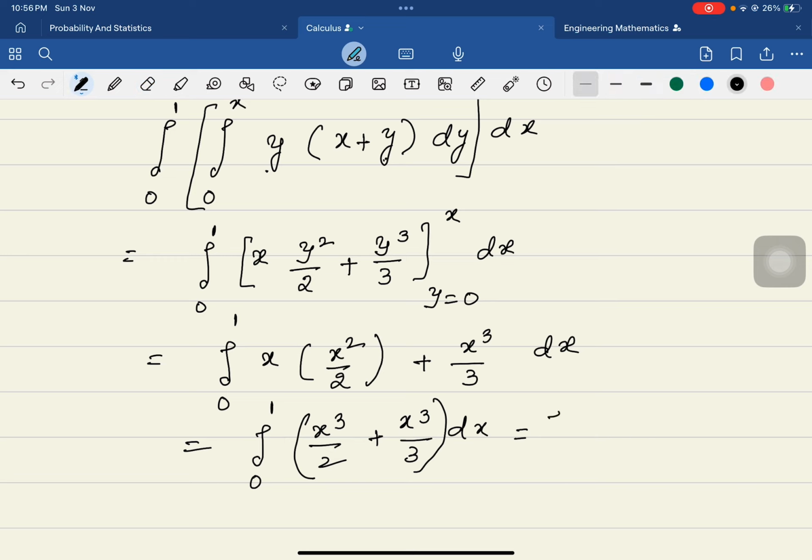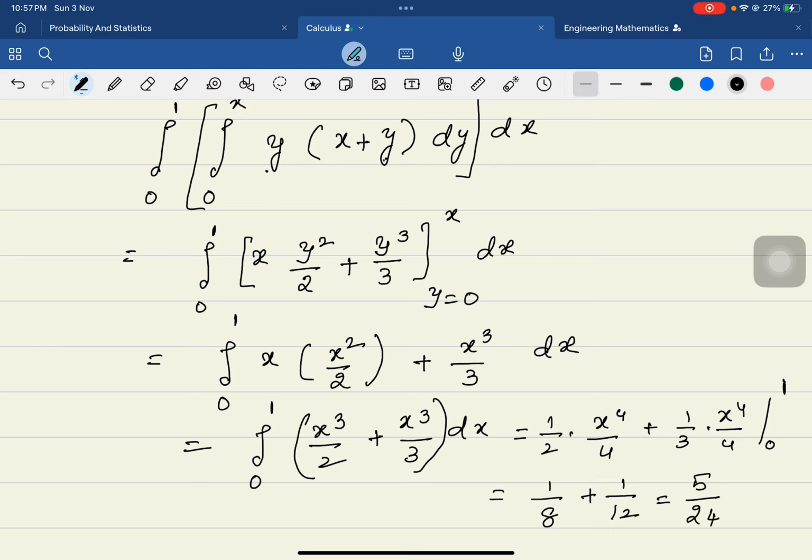Let us rewrite this as 1 by 2 times integral x cube, which is x power 4 by 4, plus 1 by 3 times integral x cube, which is x power 4 by 4, within the limit 0 to 1. That is 1 by 8 plus 1 by 12. So that gives you 3 plus 2, 5 by 24. This is the answer. I hope it is clear.